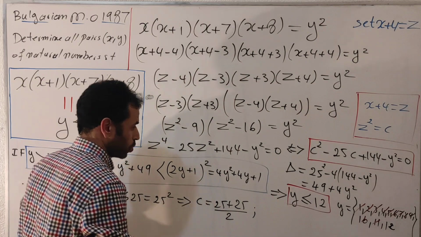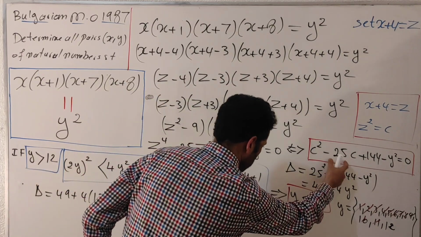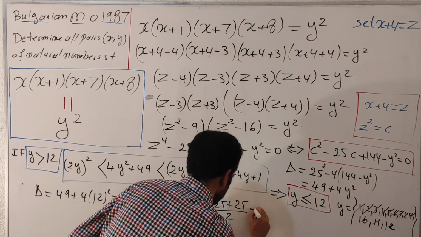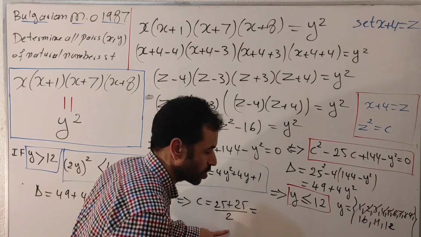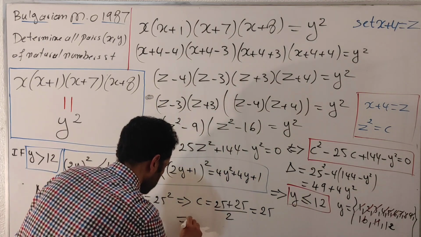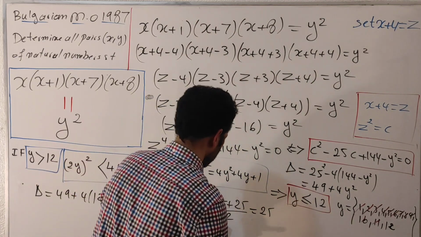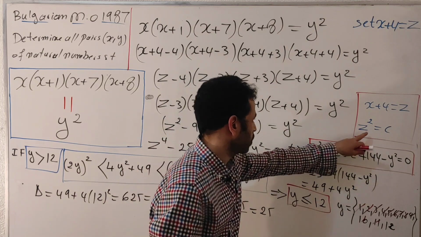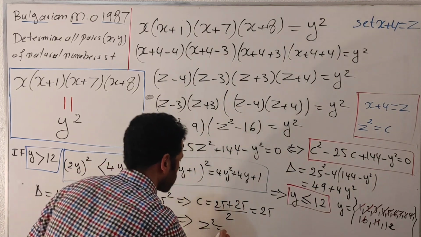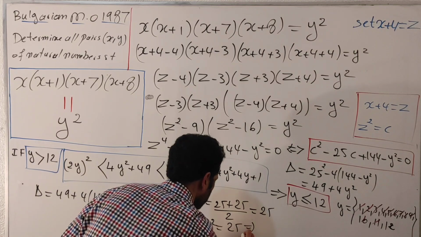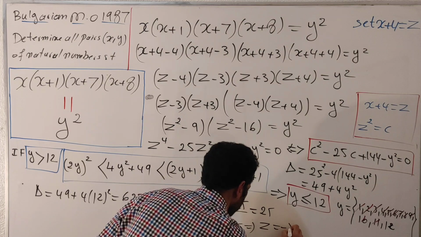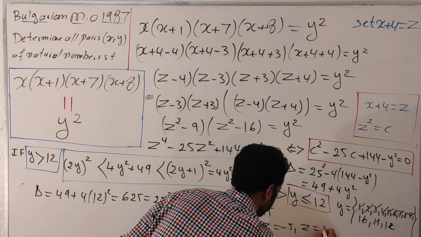So now I'm going to find the unique solution, which is C. I will have 25 plus 25 is 50. 50 divided by 2 gives us 25. Now this implies I'm going to insert this value of 25 into Z squared. I will get Z squared equals 25. I will have two solutions: Z equals minus 5 or Z equals 5.